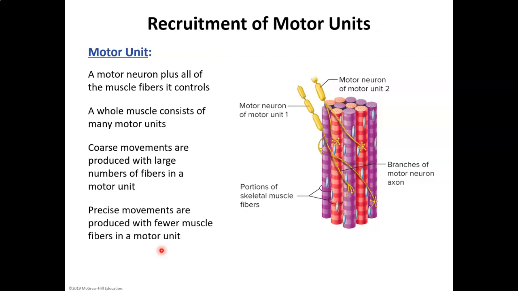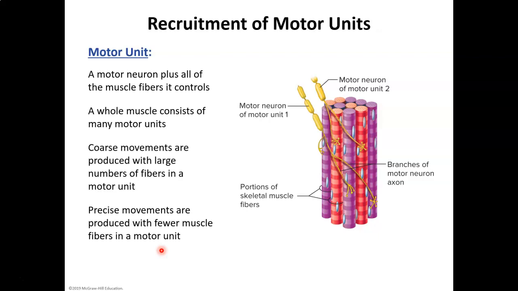So let's make sure you understand that precise movements will still have one motor nerve, but that motor neuron controls maybe 10 or 20, just a small number of muscle fibers. Whereas if you need strength, you need power, you're going to have one motor neuron control thousands or tens of thousands or even more muscle fibers at the same time.